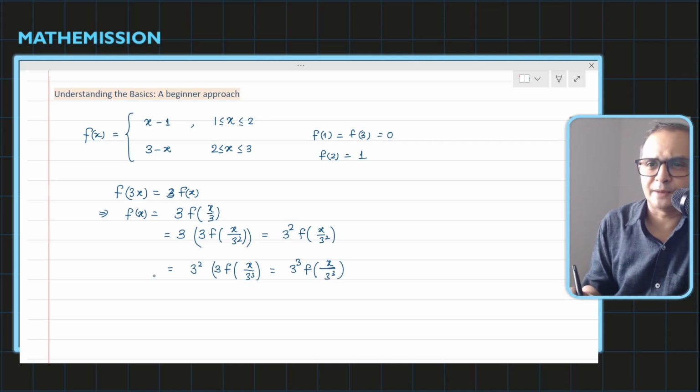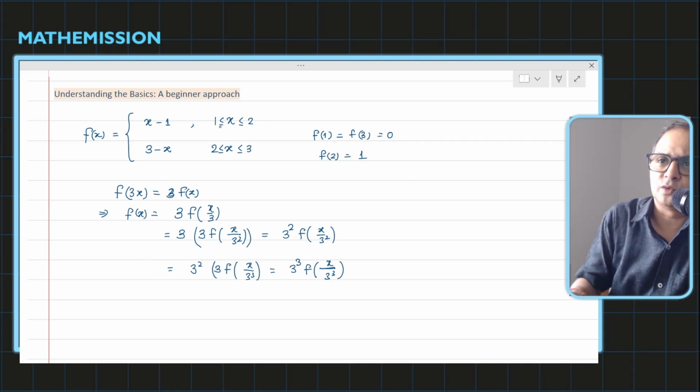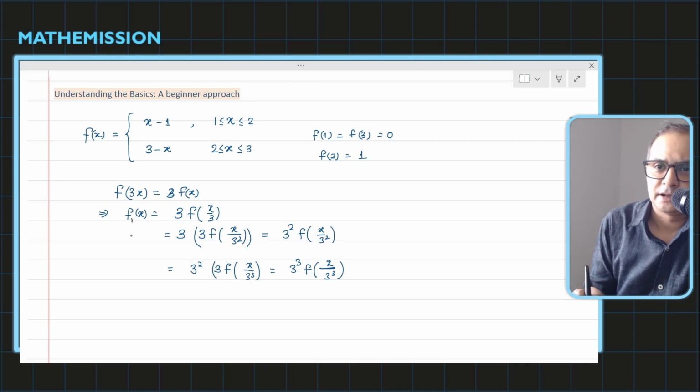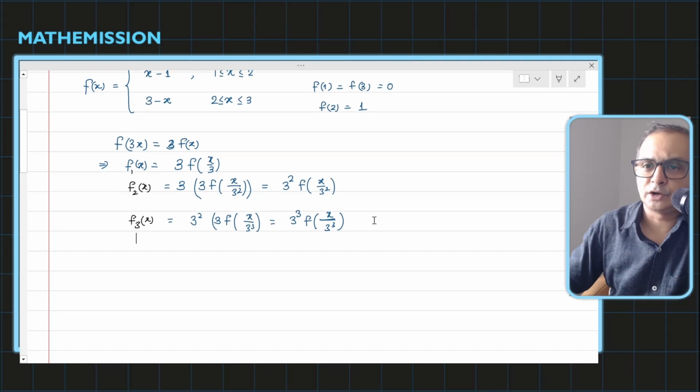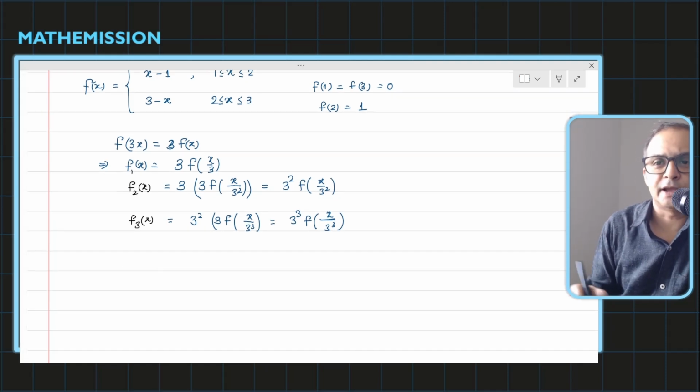You can see what is happening here. This was the first iteration, this was the second iteration, and this was the third iteration. So basically I want to find the nth iteration.